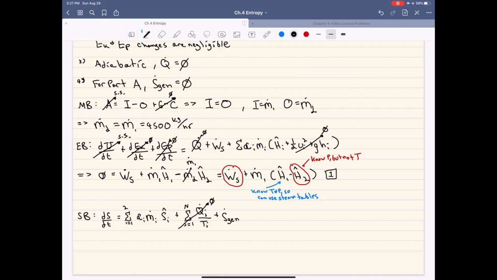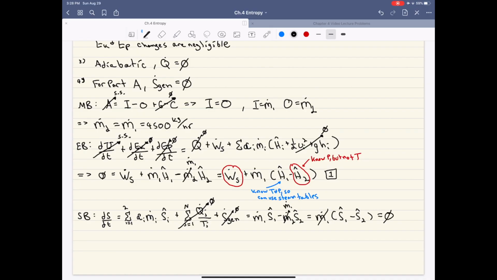And for part A, we're going to assume that the entropy that's generated is equal to 0. And so our entropy balance is going to simplify down to m1 s1 hat minus m2 s2 hat. Once again, m2 is equal to m1, and so we can factor out m1, and we get s1 hat minus s2 hat is equal to 0.